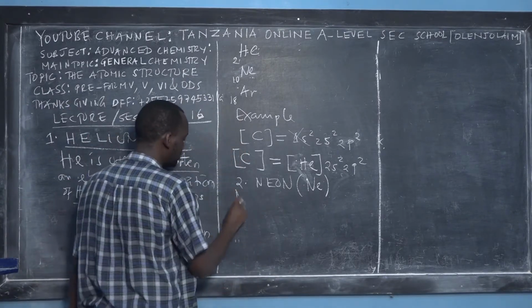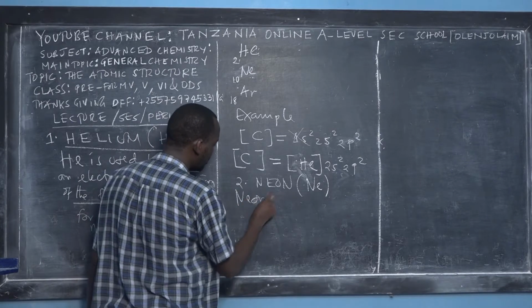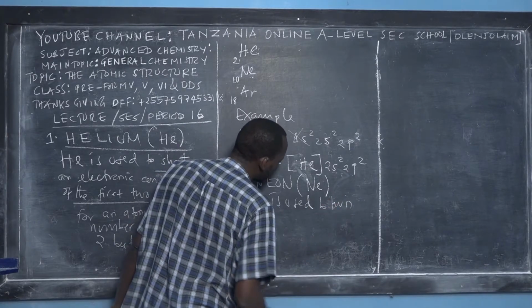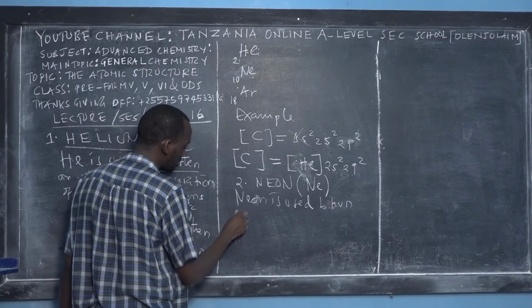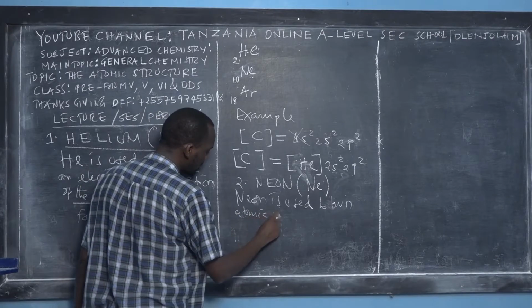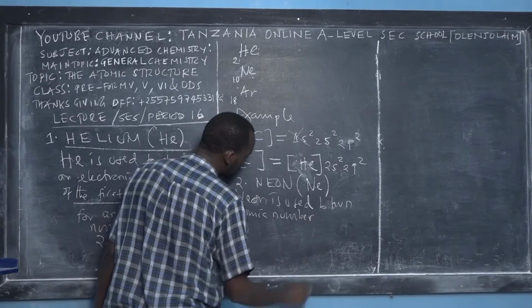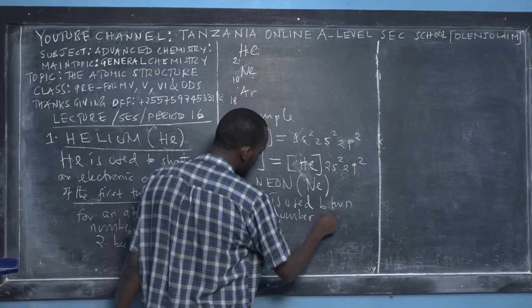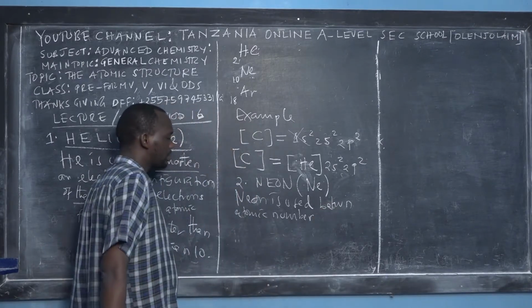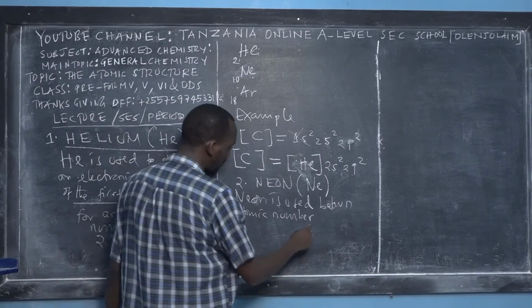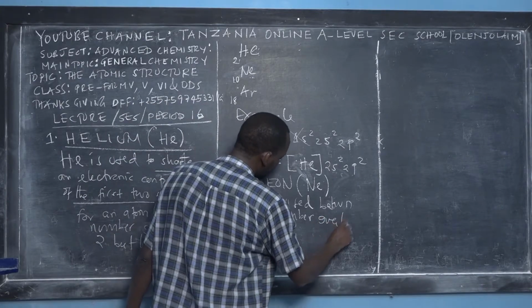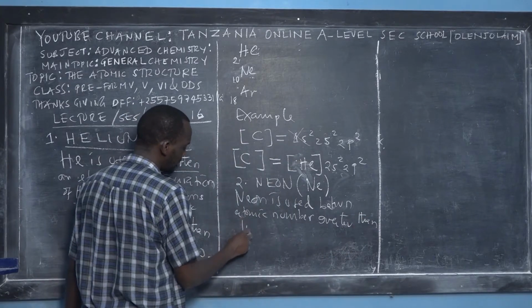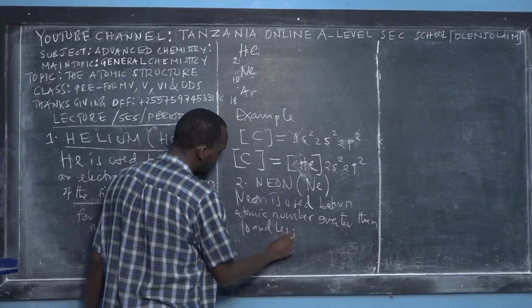So neon is used just between what atomic numbers? Atomic number greater than 10 but less than 18.